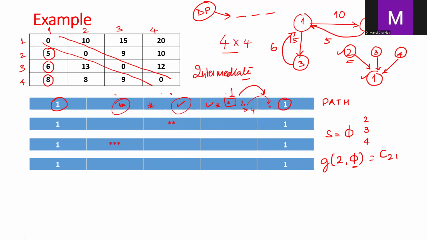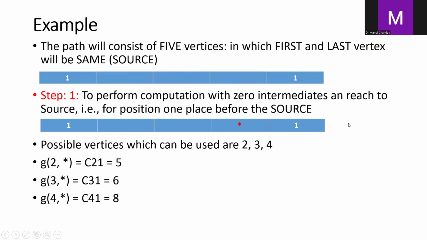So in this way, the formula becomes complex when I move backward and I have more number of intermediates. So for example, if I use 3, then I will be just having cost of 31. And if I use 4, then I will be having just cost of 41. So my formula with no intermediate will look like this.